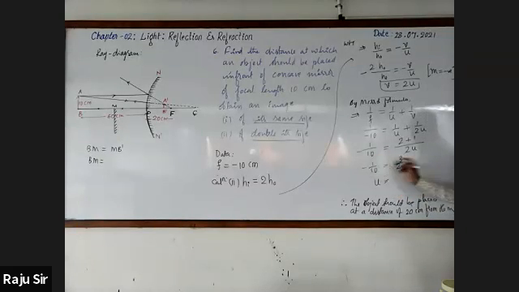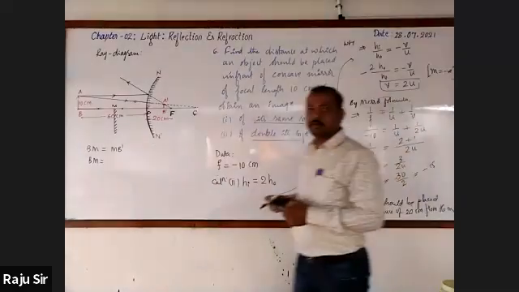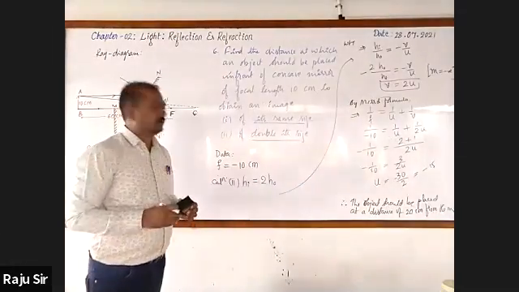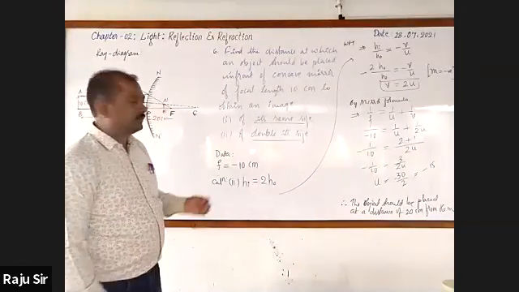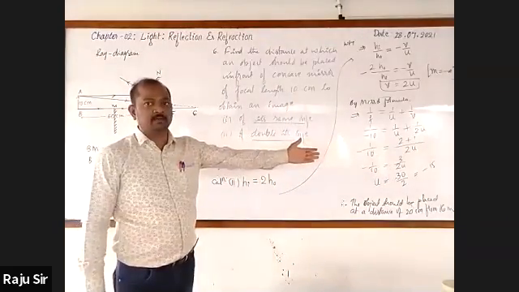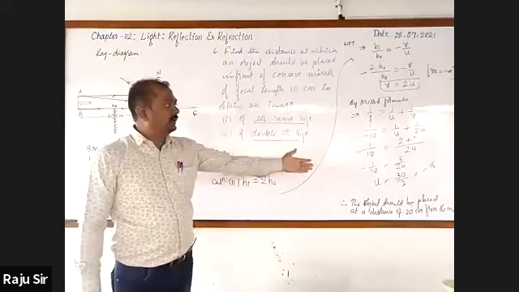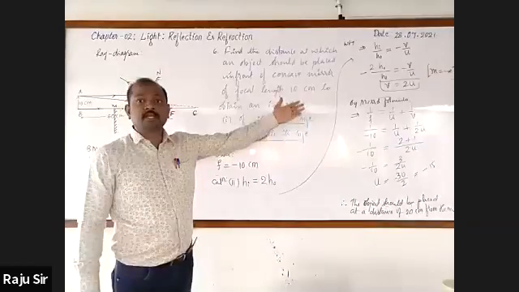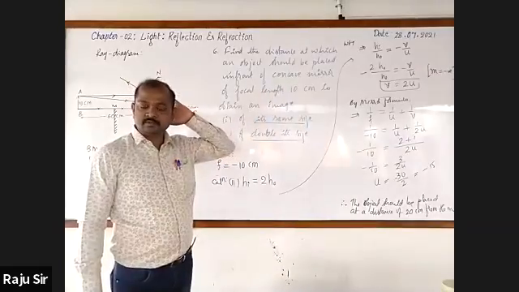U is equal to minus 30 by 2, which is minus 15. Got it? So the object should be placed at 15 centimeter. Then only we will get the image whose size is double of the object.